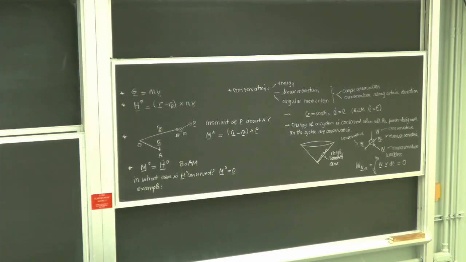An example where the sum of moments about O is 0. From lecture, you can open the problem sets right now and see. Was there a problem where the angular momentum about O was conserved?